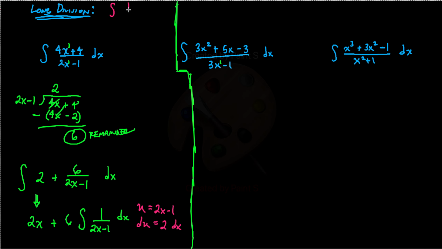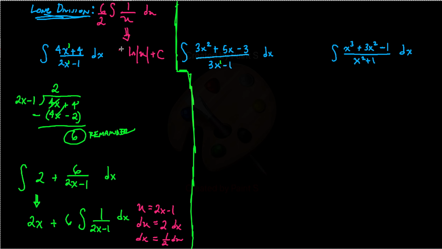Integral 1 over u, so I'll substitute if I can, and then dx is just 1/2 du. So it's the 6 in the front, so I got 6, and now it's 1/2, so the 1/2 is going to come out, du. And now I have the antiderivative of 1 over u, which we should know is ln absolute value of u plus c.